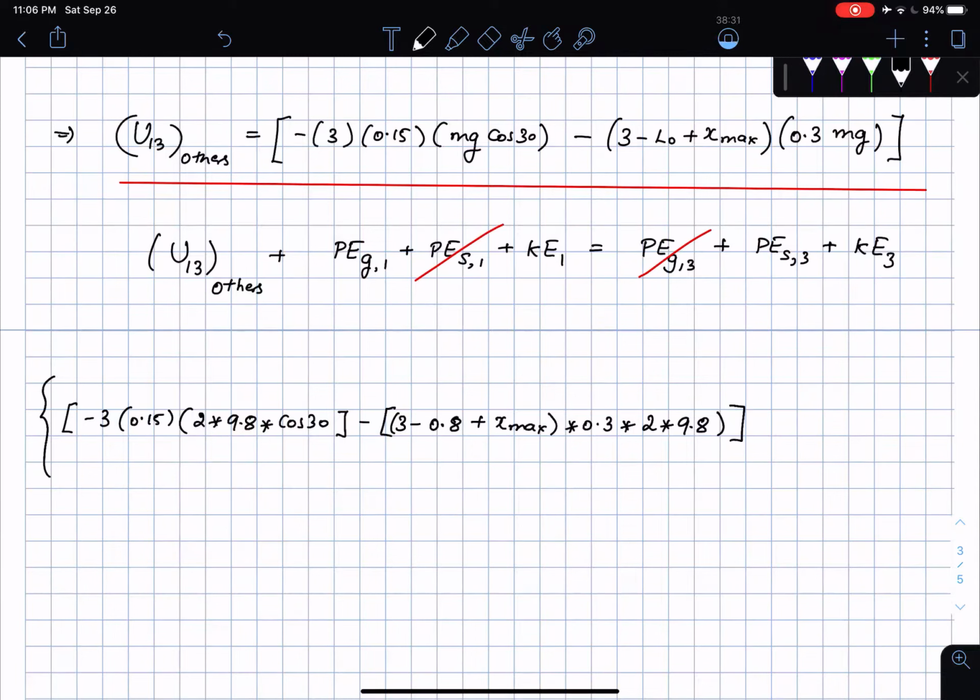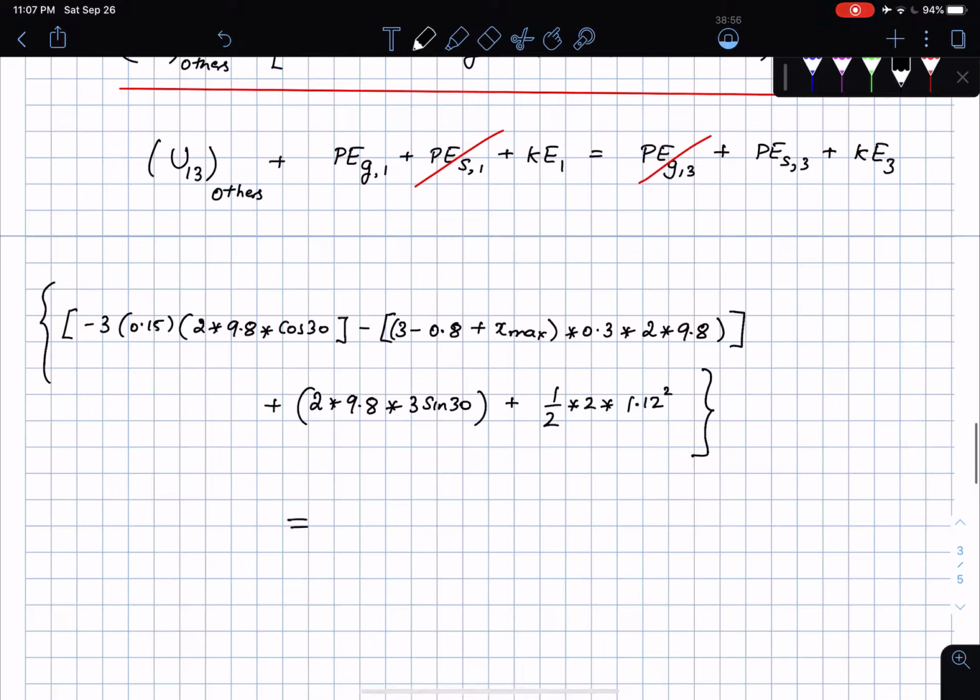Then I'm going to say PE due to G 1. So that's going to be plus potential energy due to gravity at position 1. This was going to be mass 2 times 9.8 times 3 times sine 30. So that's what we had here. And kinetic energy at position 1 was half times the mass times the velocity squared. Okay, bracket close.